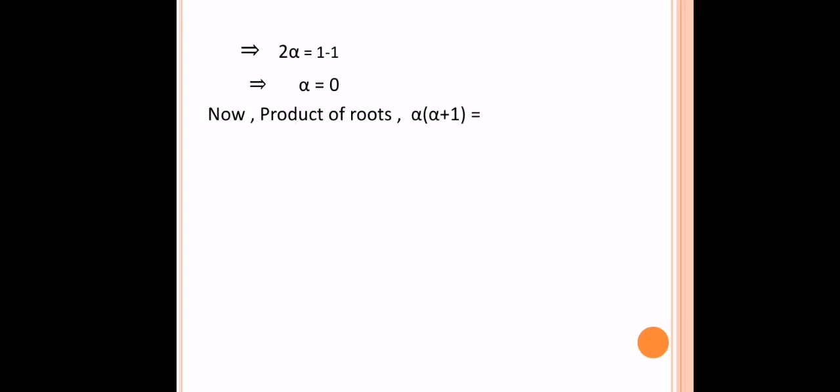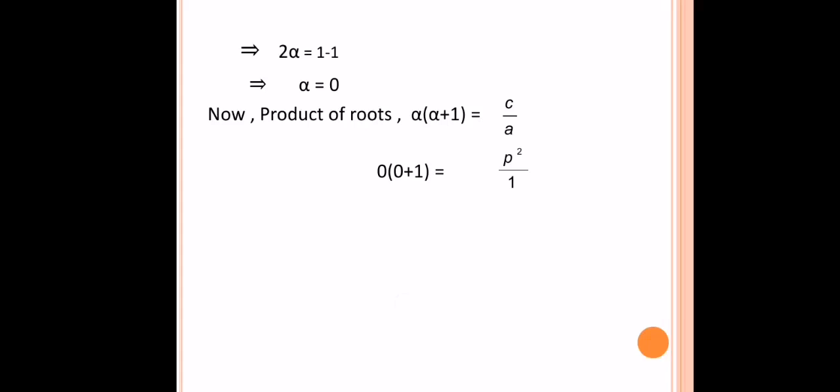Now the product of roots is alpha into alpha plus 1. Since the two roots which we selected were alpha and alpha plus 1, their product should be alpha into alpha plus 1. By the formula, we know that the product of roots is c by a. So putting the value of alpha and that of c and a, we get 0 into 0 plus 1 is equal to p² divided by 1.